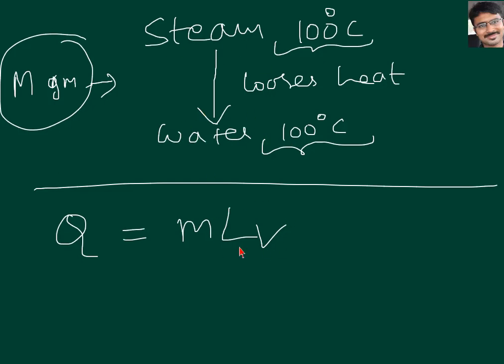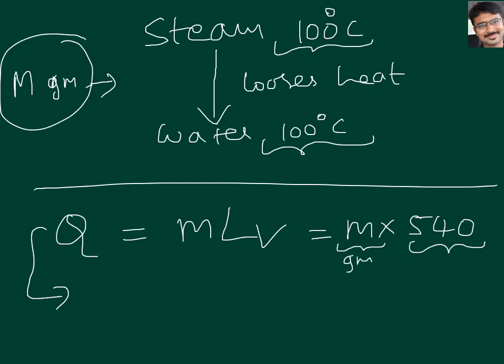The latent heat of vaporization value is 540 calorie per gram. So now I can write from that information: the mass is m grams, and the latent heat of vaporization, which we have to remember, is 540 calorie per gram.